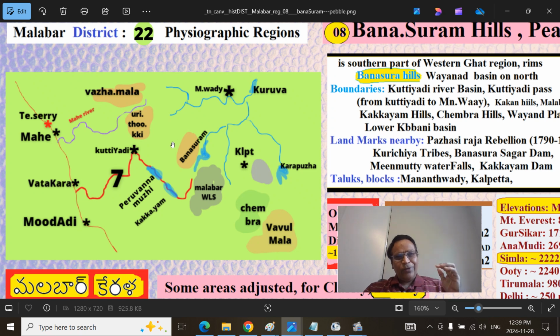West side will be the Banasuram hilly region, south side will be Kakkan Malai, also called Kakkayam hilly region or Malabar wildlife sanctuary region, because this is the Mahe river, the water parting between the Vavulmala hilly ranges and Urutukkimala.